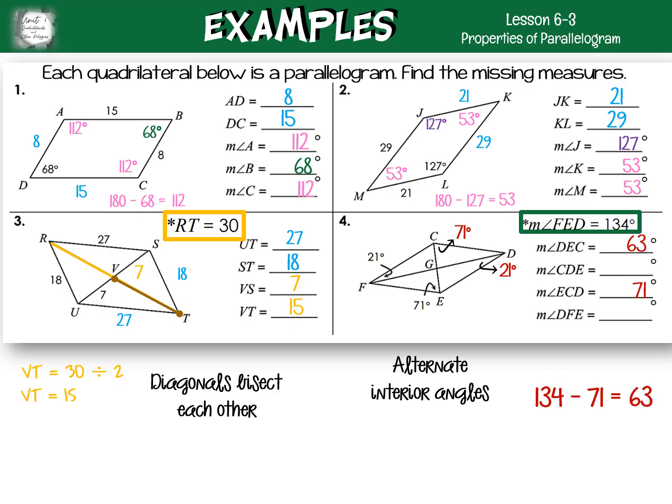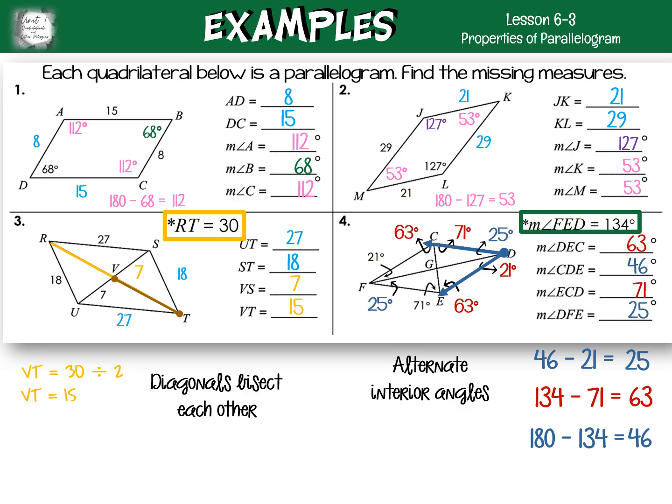So if we subtract the 71, we're going to get 63. And that's going to be that angle there as well as that angle there. 180 minus that 134 is going to give us 46. That's the measure of angle CDE. But if we get rid of the 21, then we'll get that last angle that we need. Measure of angle DFE is 25.